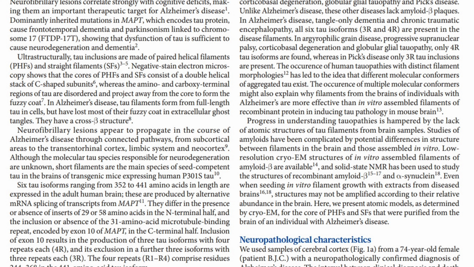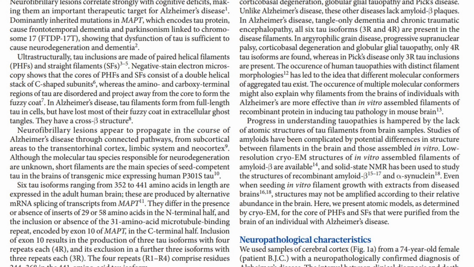Unlike Alzheimer's disease, these other diseases lack amyloid beta plaques. In AGD, PSP, CBD, and GGT, only 4R tau isoforms are found, whereas in PiD, only 3R tau inclusions are present. The existence of human tauopathies with distinct filament morphologies has led to the suggestion that different molecular conformers of aggregated tau may exist.